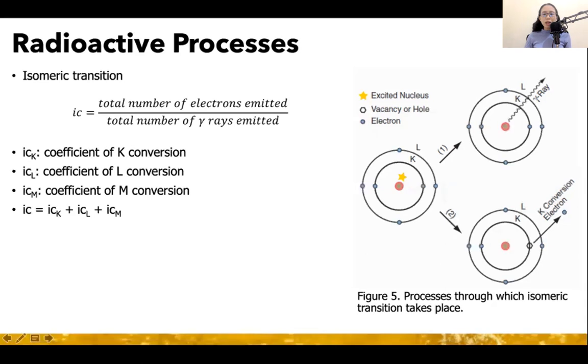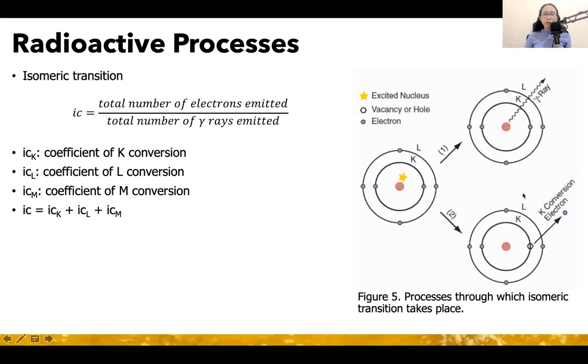And there is a quantity that is called the coefficient of internal conversion for a nuclide that is in an excited state. So this is a fraction. You have in the numerator the total number of electrons emitted, and in the denominator the total number of gamma rays emitted. Okay.